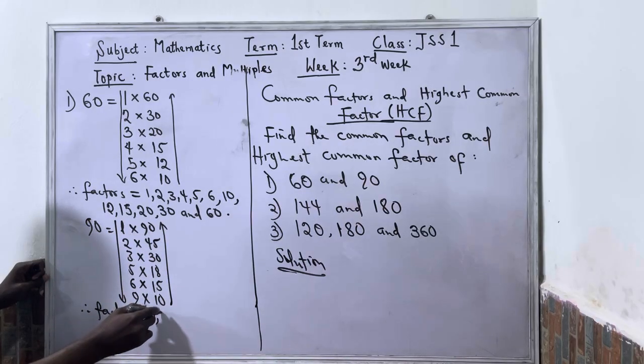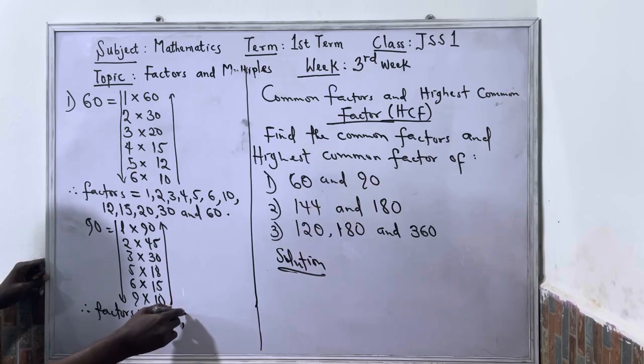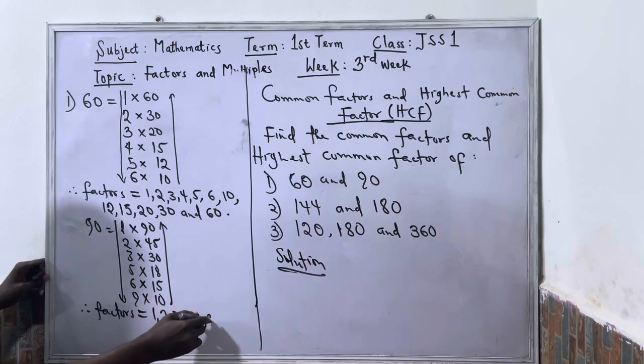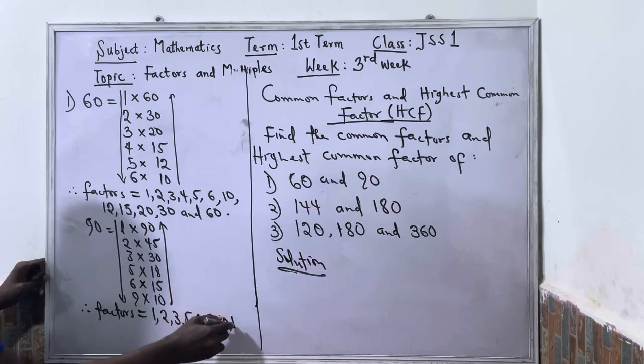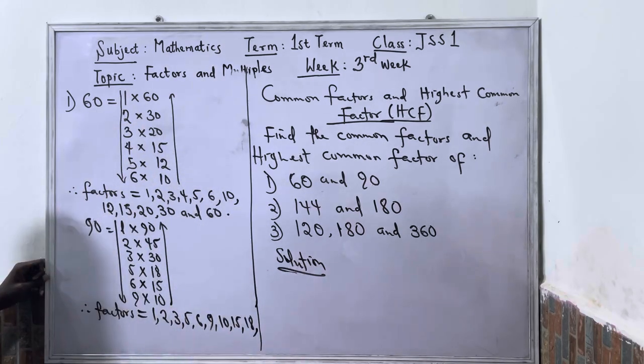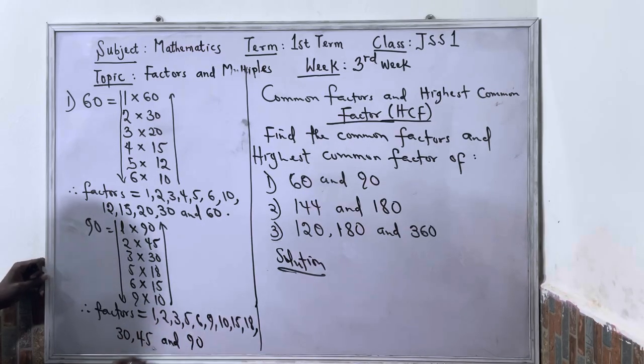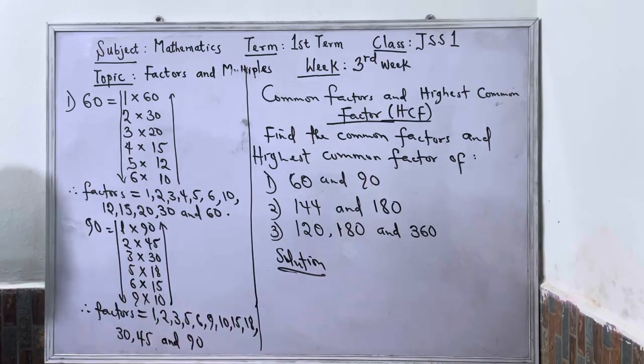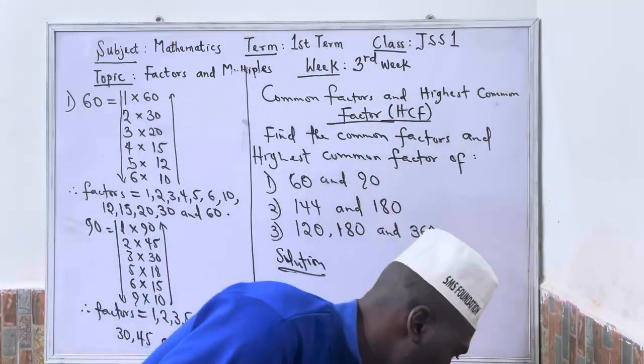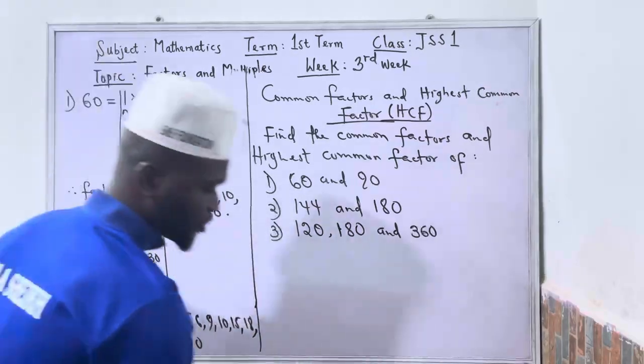This is 1, 2, 3, 5, 6, 9, 10, 15, 18, just the way we took it here, 18, 30, 45, and finally 90. So these are the factors of 90.